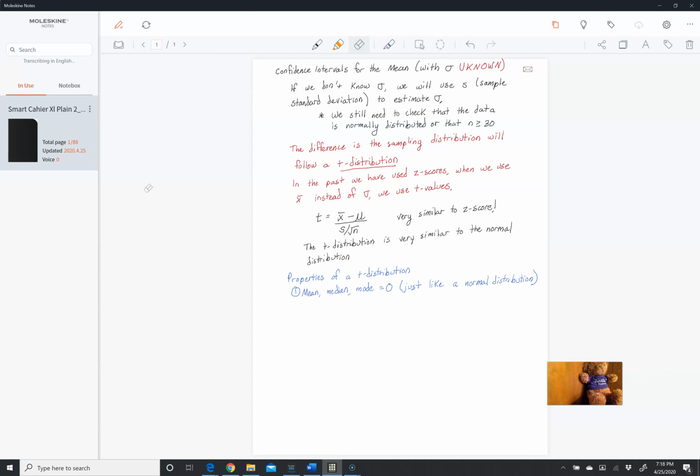Okay? The other thing that's similar to the normal distribution is that the curve is bell-shaped, just like the normal distribution. And it's symmetrical about the mean.